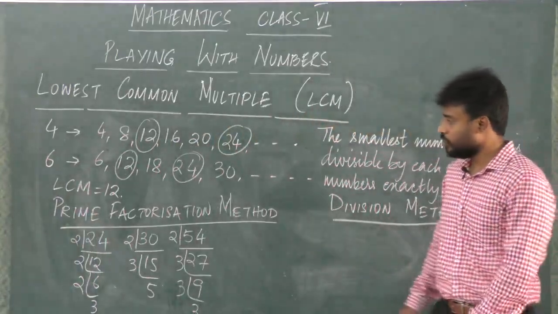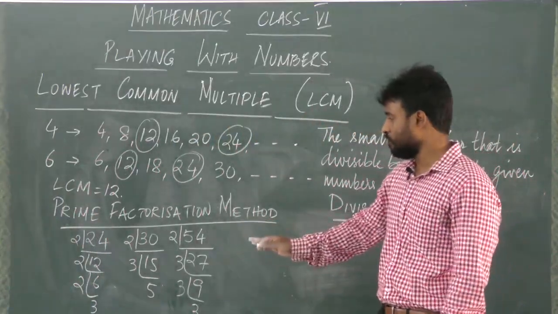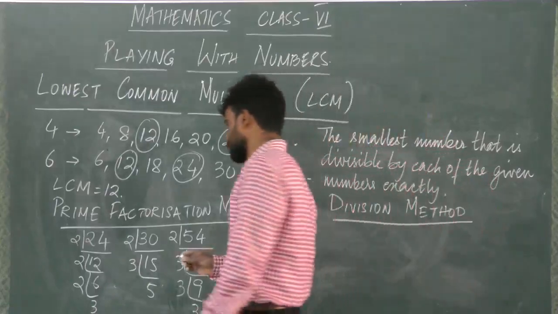Now we'll write down the prime factors of 24, 30 and 54.